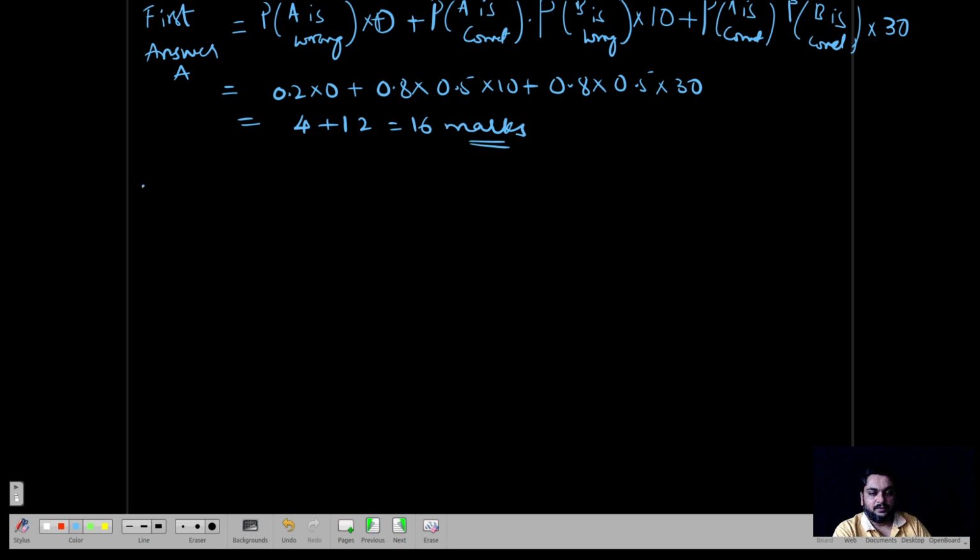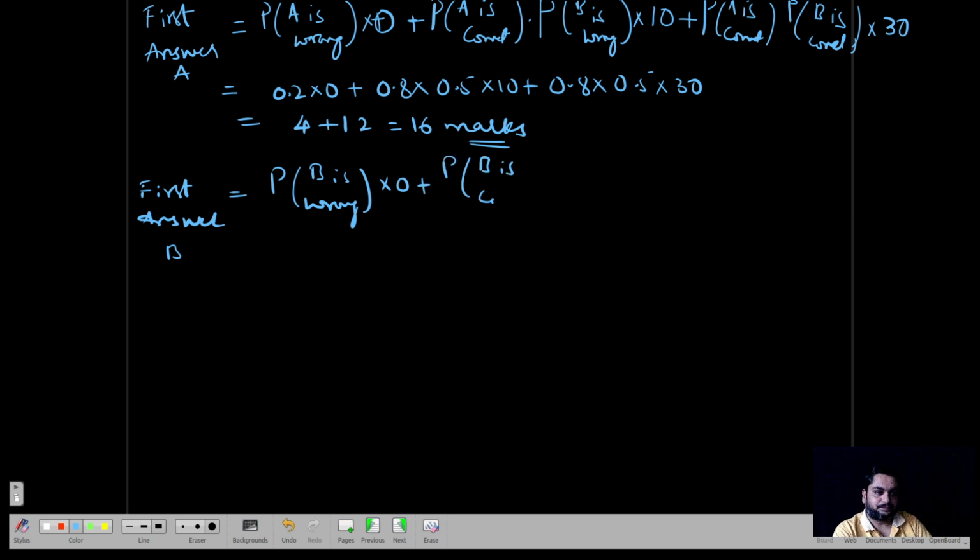Now, if you answer B first, the first condition is B is wrong. If it is wrong, you get 0 marks. Plus, if B is correct and A is wrong, he will get the marks for correct B, which is 20 marks, so into 20.